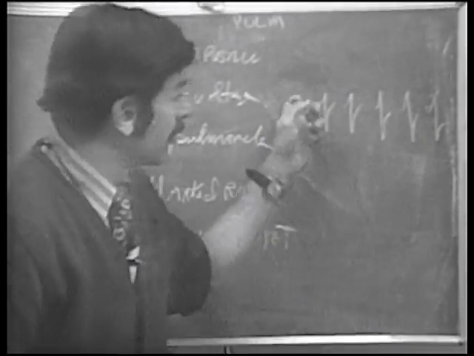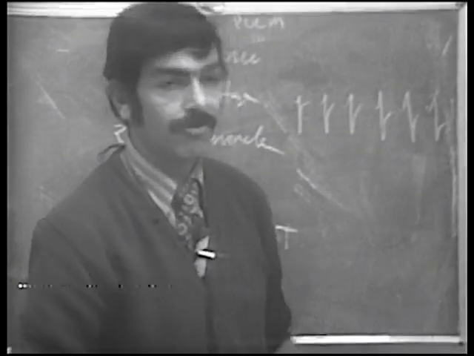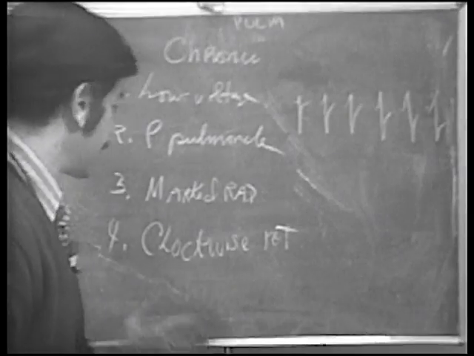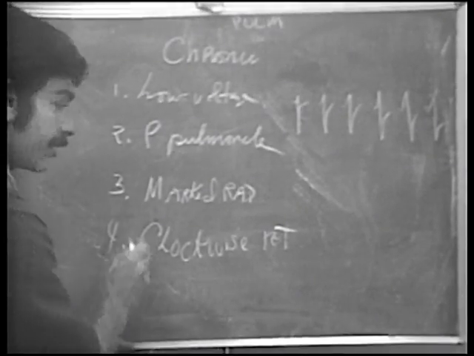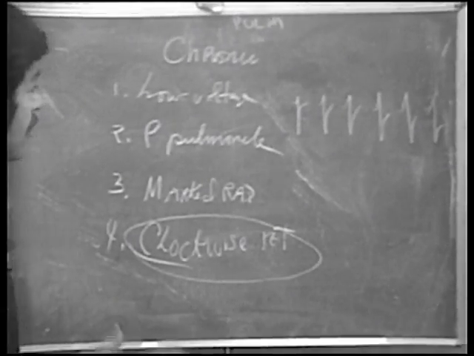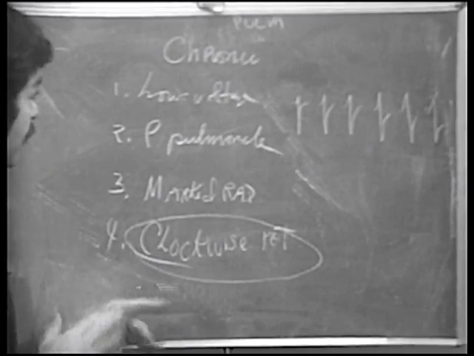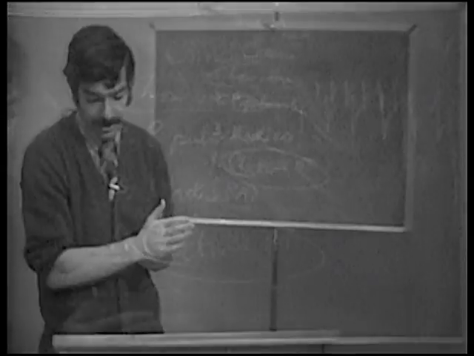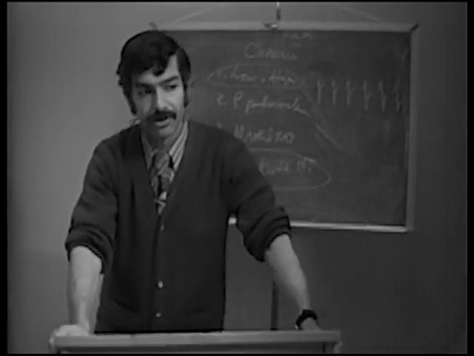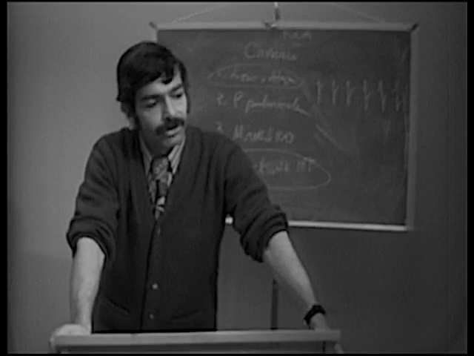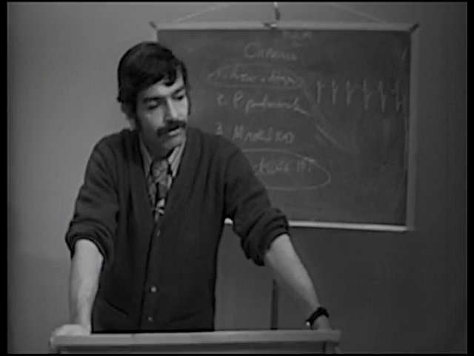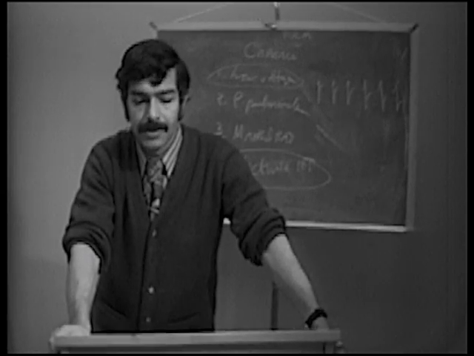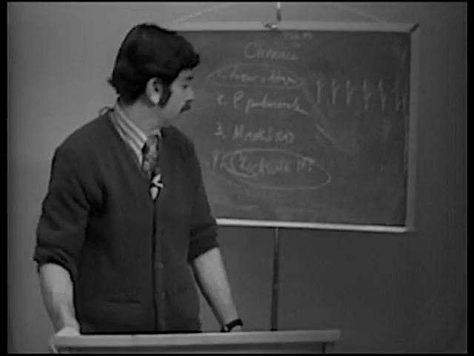Right? What this really reflects is what they call clockwise rotation. This transition zone has shifted way over to the right. So I think that clockwise rotation is one of the better things to look for when you're considering pulmonary disease. Certainly also low voltage is as well. As a matter of fact, all of them are good criteria, good things to look for in a patient. Okay, so this is then a review of some of the changes in the electrocardiogram that you might see in patients with acute and chronic lung disease.